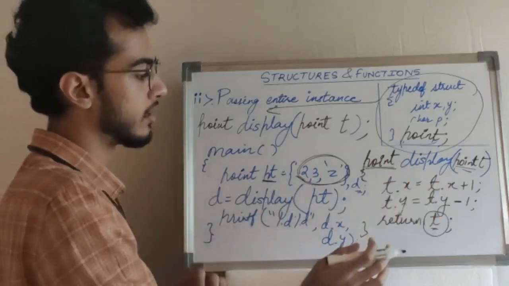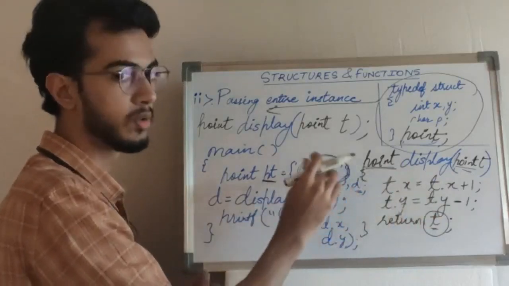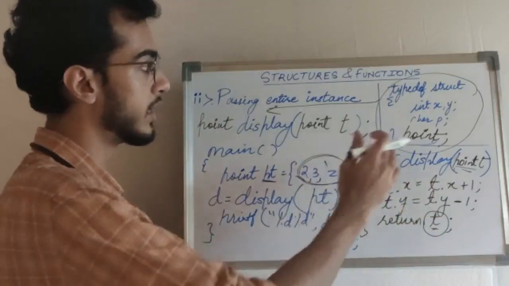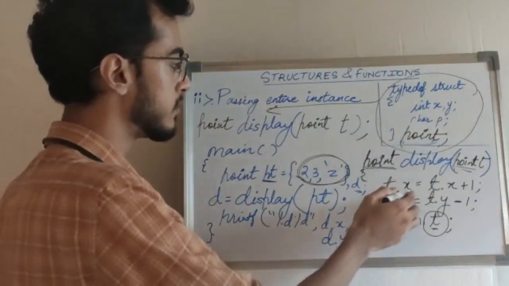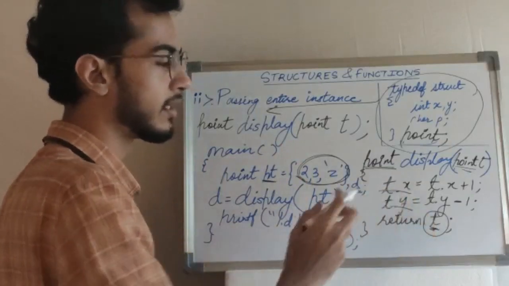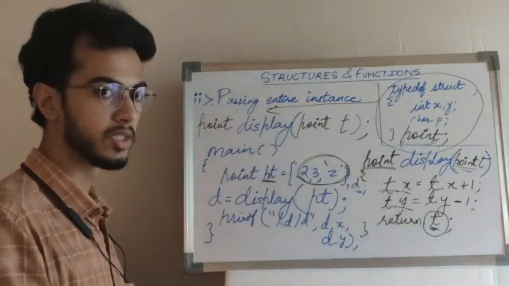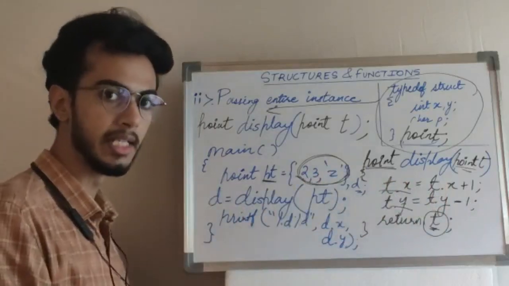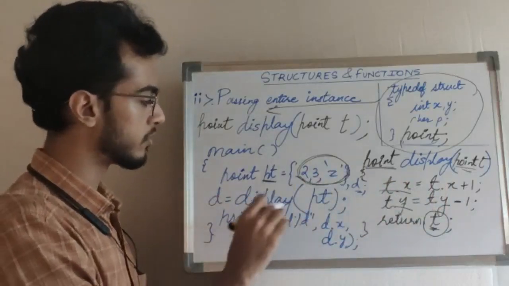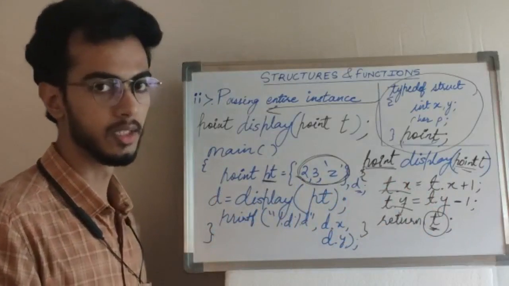And if I refer to t.p, then I will refer to the letter z. I have made some changes in the t, and I returned that t back to my calling function. So whatever the changed values were will be returned back, and now it will be stored in the d. And the values of d will be printed as d.x and d.y.